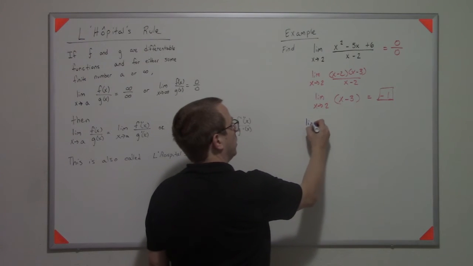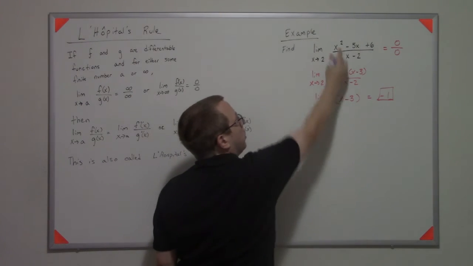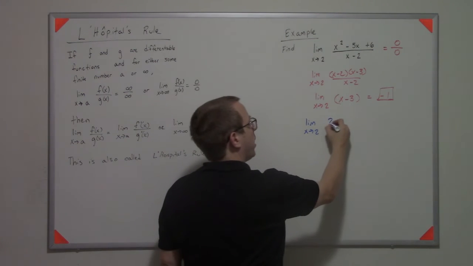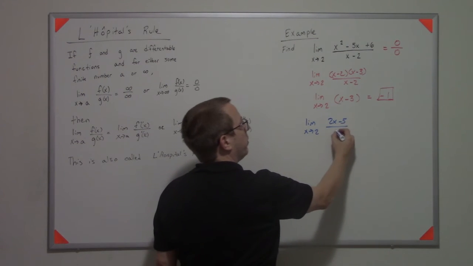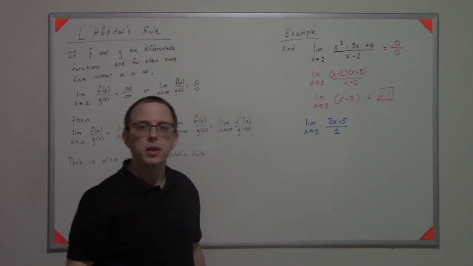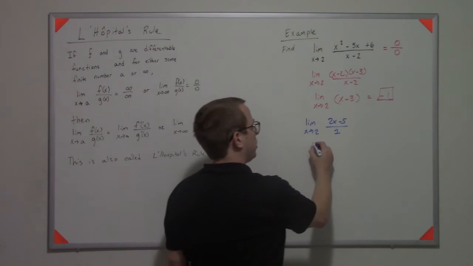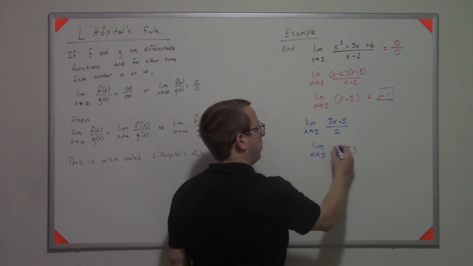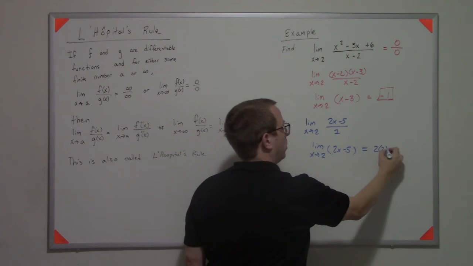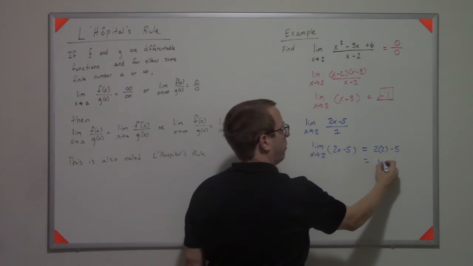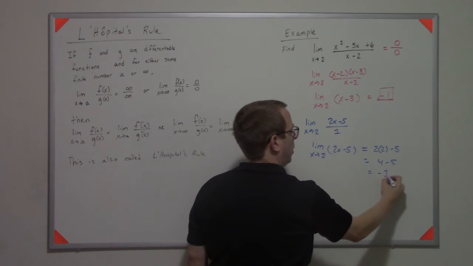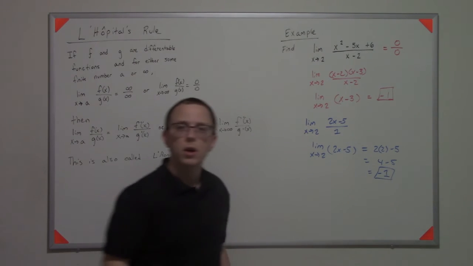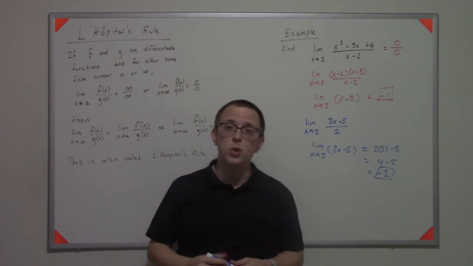You say limit as x approaches 2. The derivative of the top is 2x minus 5. The derivative of the bottom is just 1. So this is just the limit as x approaches 2 of 2x minus 5, which is 2 times 2 minus 5, 4 minus 5, -1. Wow, it's a pretty sharp result.